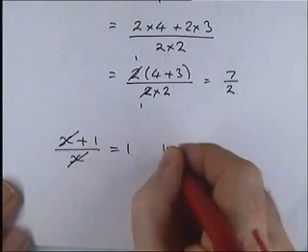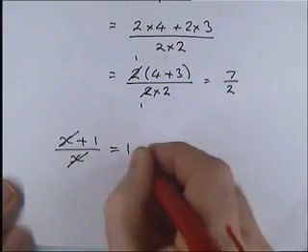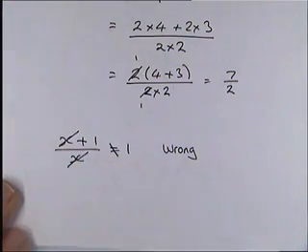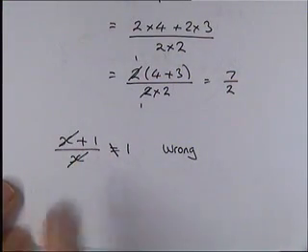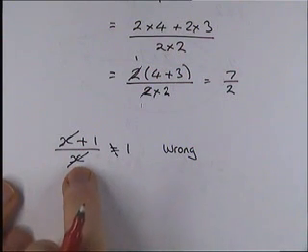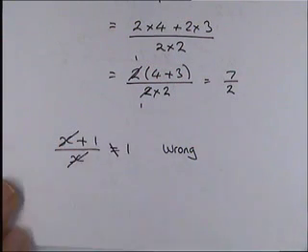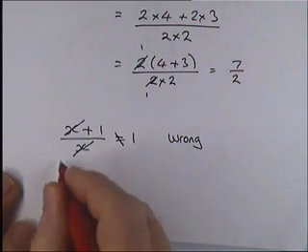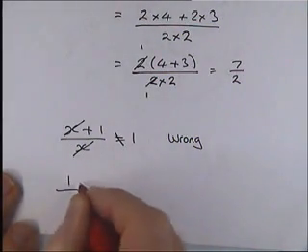Okay, and again, that answer's wrong. So don't do that. They're not equal. That's not the way that you simplify that fraction. If you're going to divide the bottom by x, you need to divide everything in the top by x. And what you would have got is this. x divided by x on top would be 1.